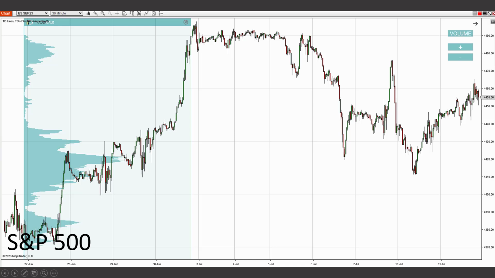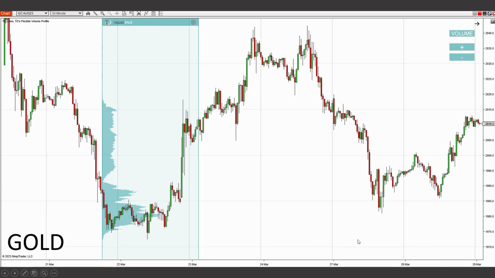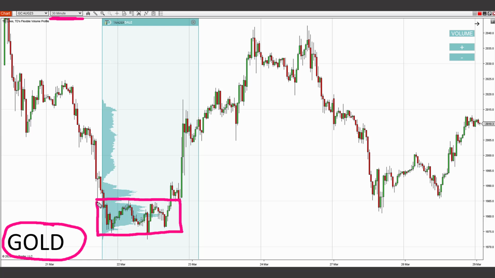Now let me go to the next trading example. This is a trade example also on the 30-minute time frame. You're looking at the chart of gold, and in here what the volume profile is showing us is a rotation where heavy volumes were traded.